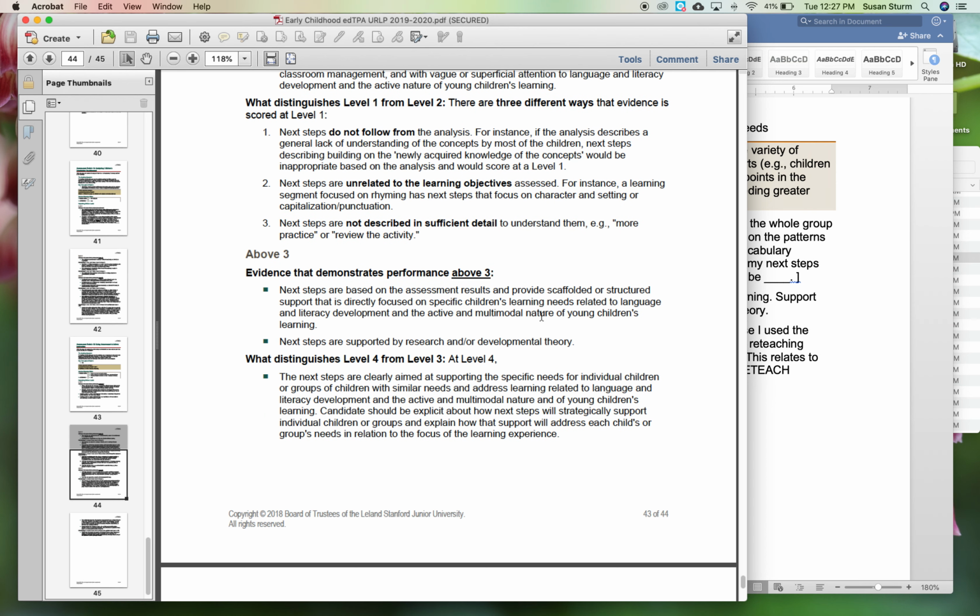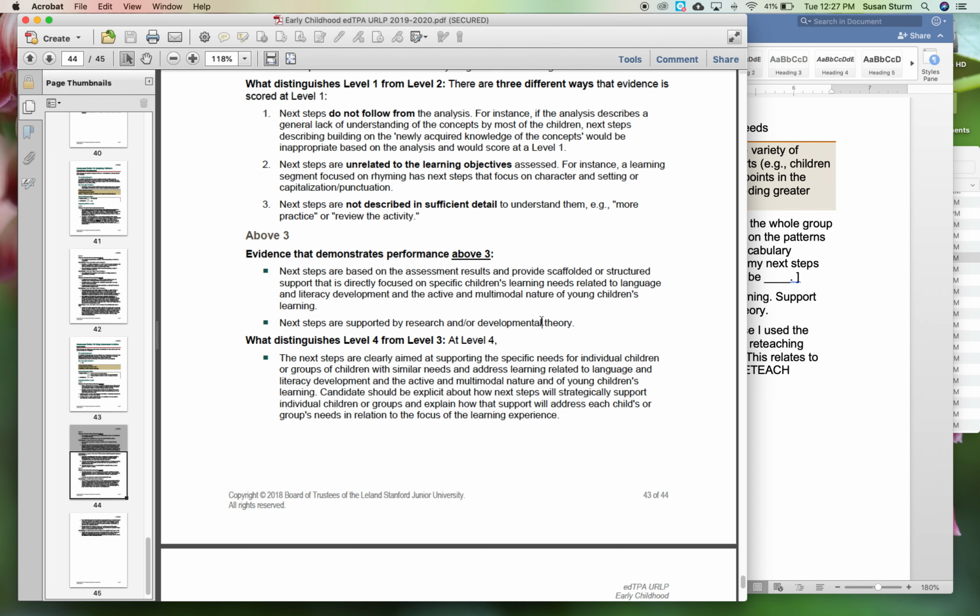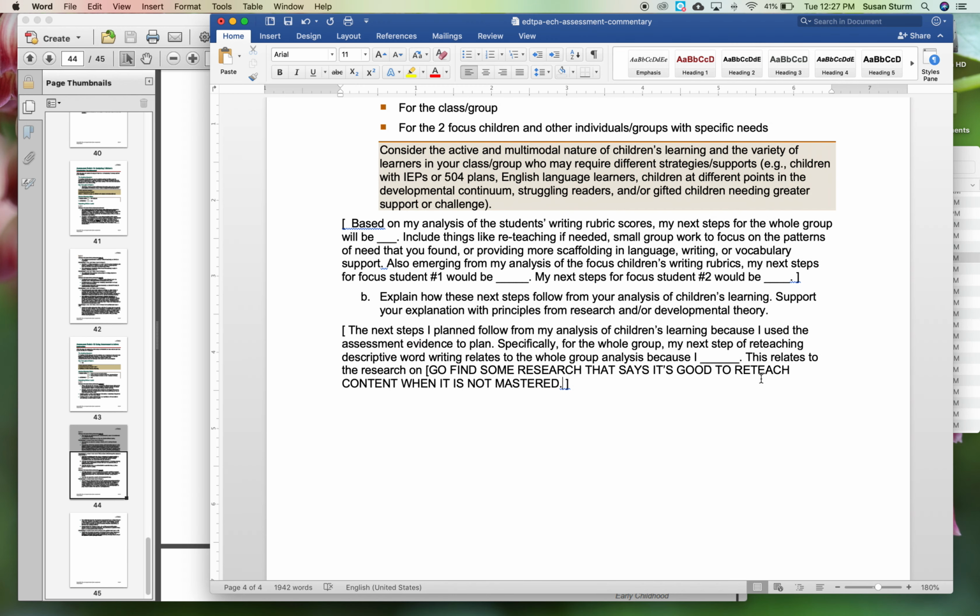Support children's learning. Do you do this for your focus students? Focused on specific children's learning needs related to. So I would say then do this same thing for specific children. It makes sense to me to do it for your focus children. You've already written about your next steps for your specific focus children.